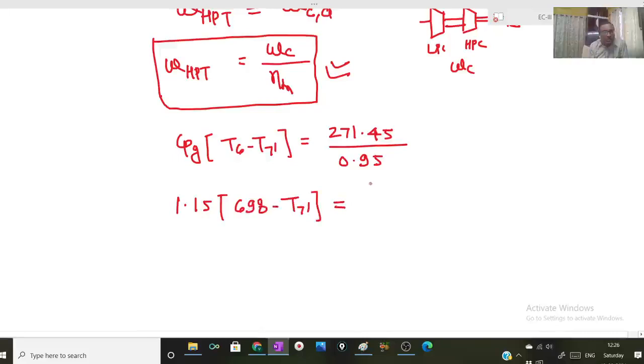This becomes 285.68. So from here T7 dash will be equal to 606 Kelvin.